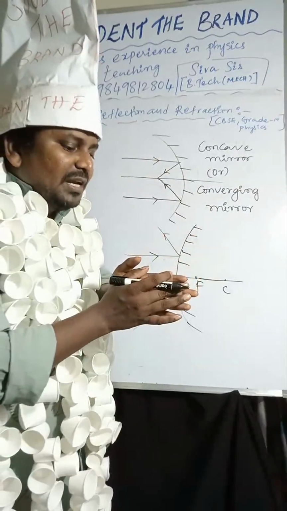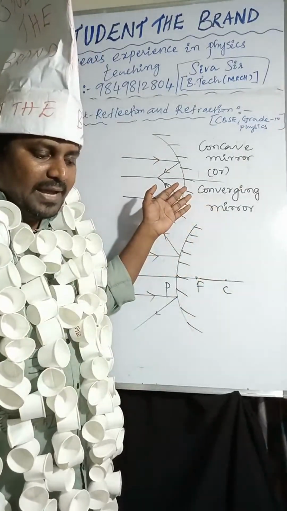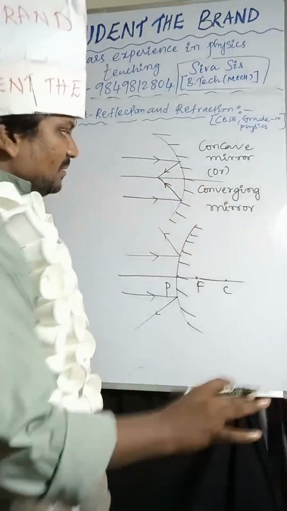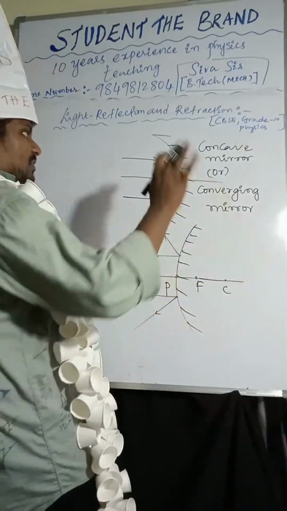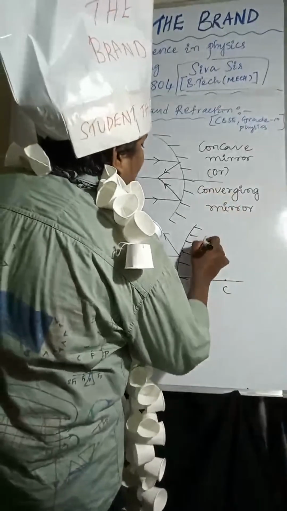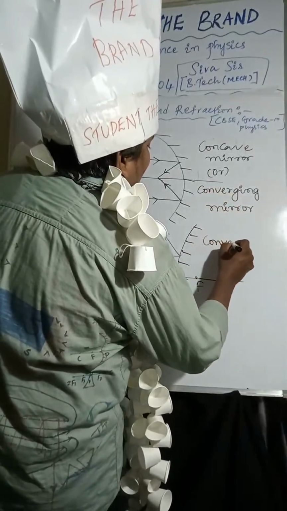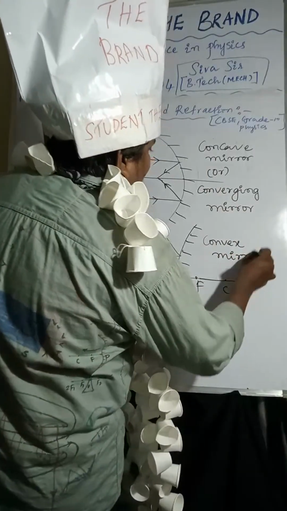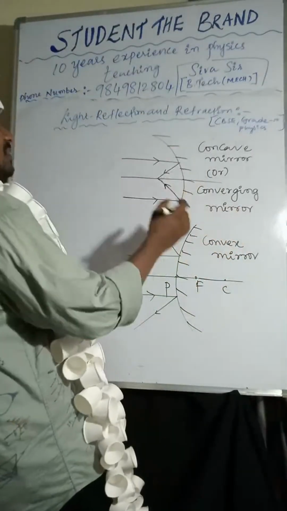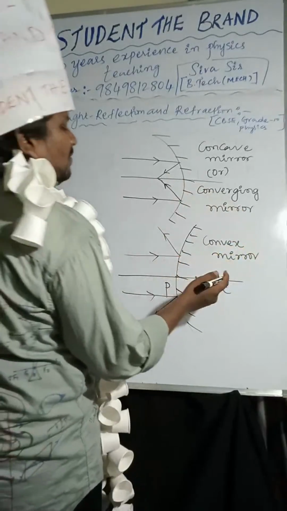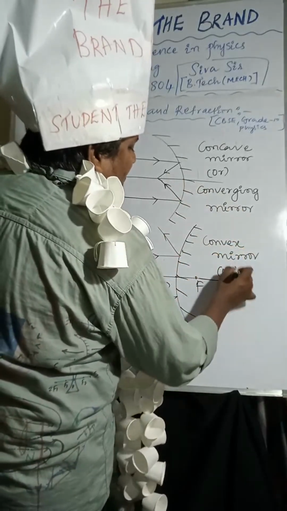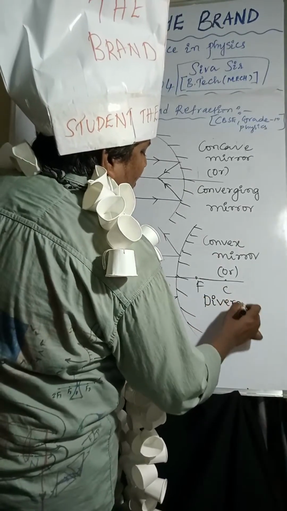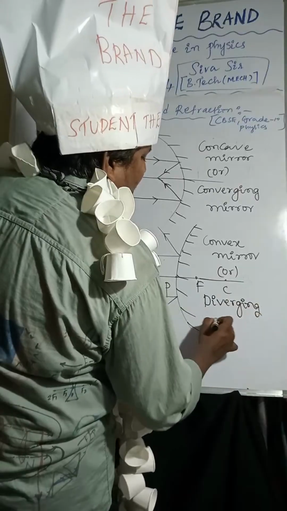After reflection, light rays move away from the principal axis, so it is called diverging mirror. Concave mirror, converging mirror; convex mirror, diverging mirror.